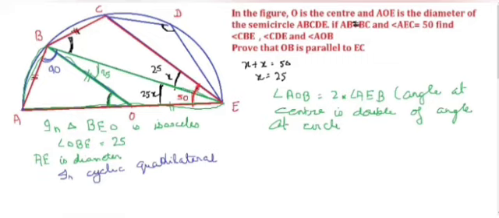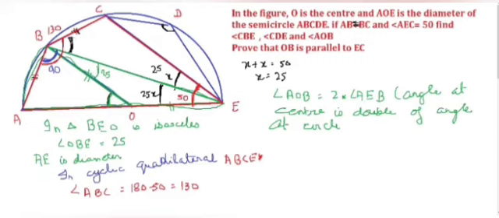Now if this is 50, this angle from here to here will be 180 minus 50. So in cyclic quadrilateral ABCE, your angle ABC will be 180 minus 50, that is 130. Now this total red angle is 130 and you can see that this blue angle is 90.